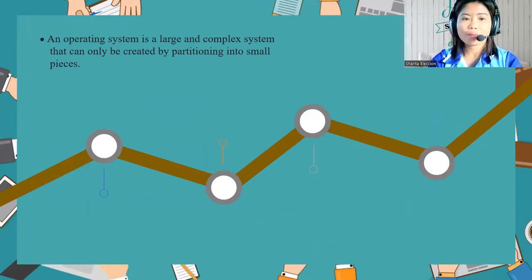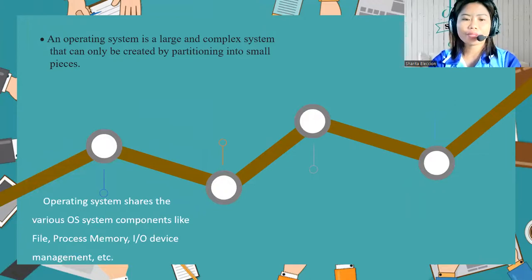The operating system shares various components like file, process, memory, and input output device management. Those are the components of the operating system.